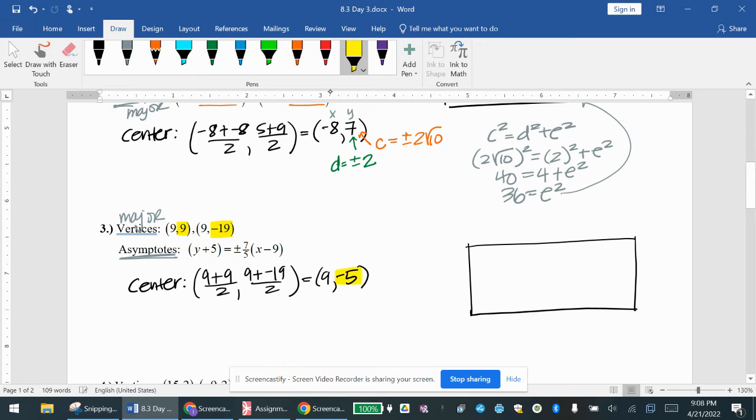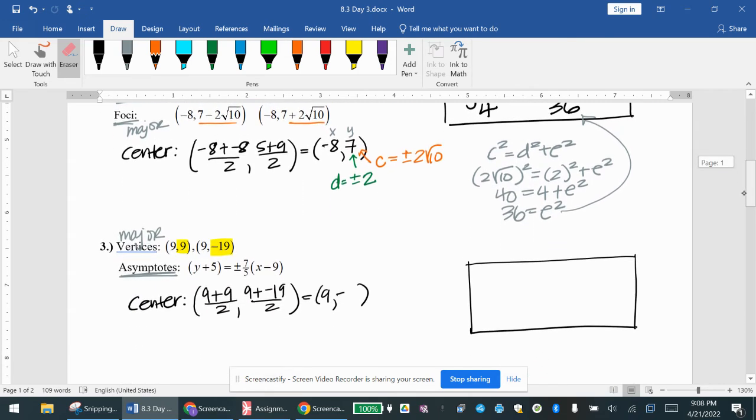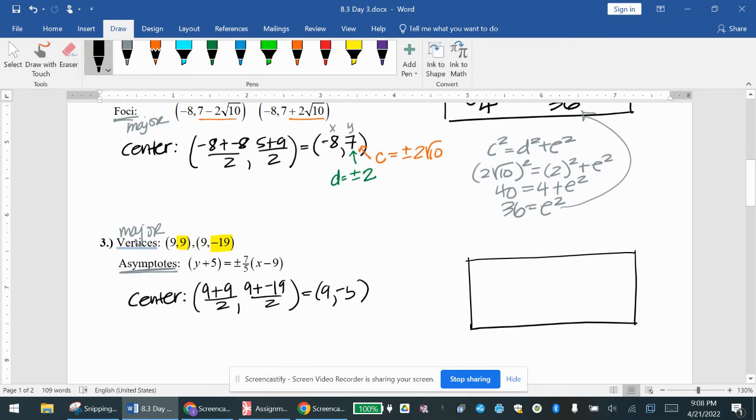Instead of being negative 5, they became 9 and negative 19. So ask yourself, by how many units did it change? Since the y values changed, that lets me know that the major axis is the y-axis. That's going to be important because that means that the y has to go first.